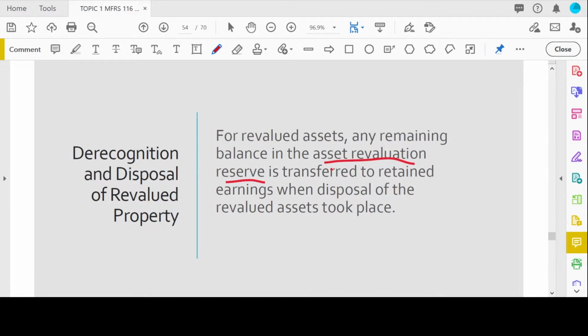Any balance in ARR will be transferred to the retained earnings. That is what will happen on derecognition or disposal of PPE. We have to close the cost account, the accumulated depreciation account, accumulated impairment loss, and also the ARR account.